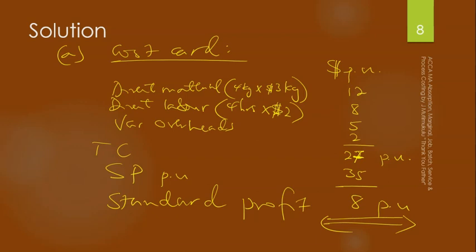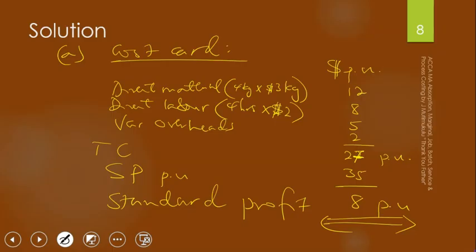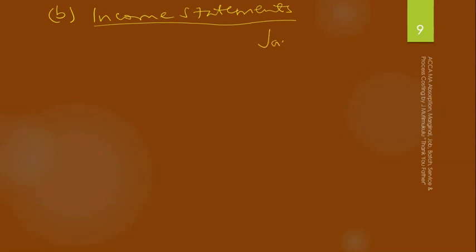Now let us go to the income statement. Remember, these are income statements for 2 months, January and February. So we are going to say Part B, income statement. The income statements, all right, and we have to be good in coming up with a table.